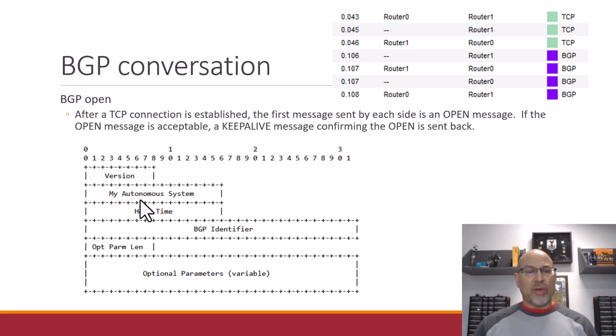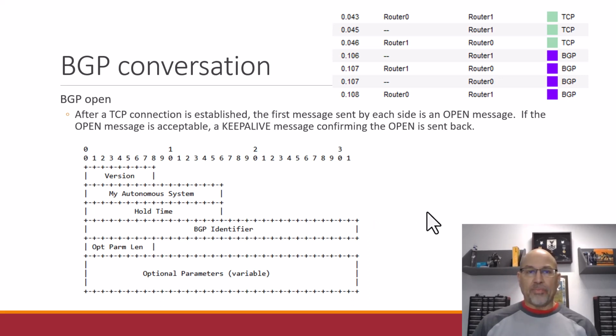Essentially what we've got here is my autonomous system. Remember that part of the configuration is going to be telling my BGP speaker who its neighbor is and what the autonomous system ID is going to be, and then the BGP identifier for this particular router, and we'll see that it'll use the loopback.